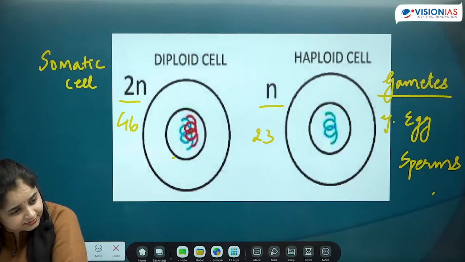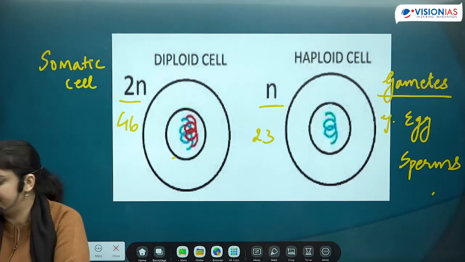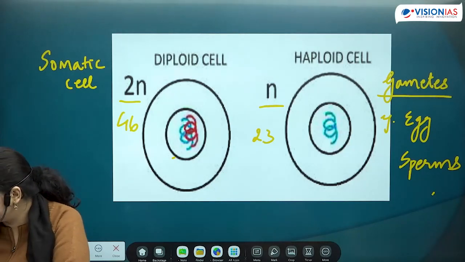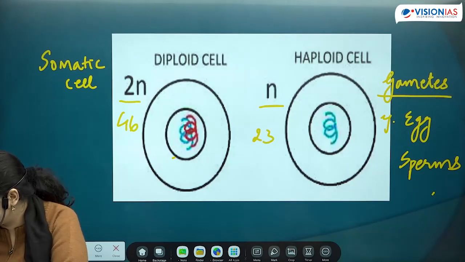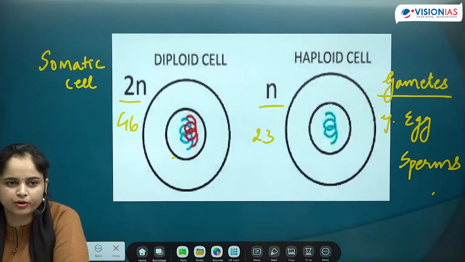Gametes like eggs and sperms are haploid.